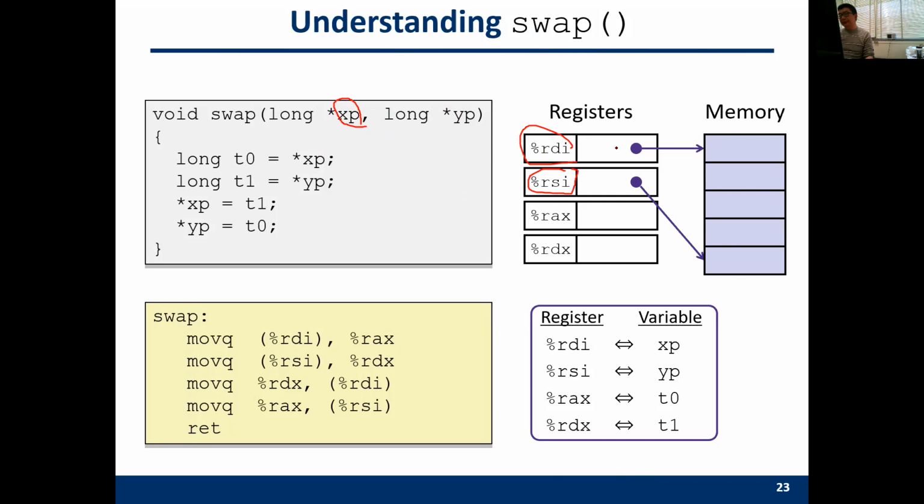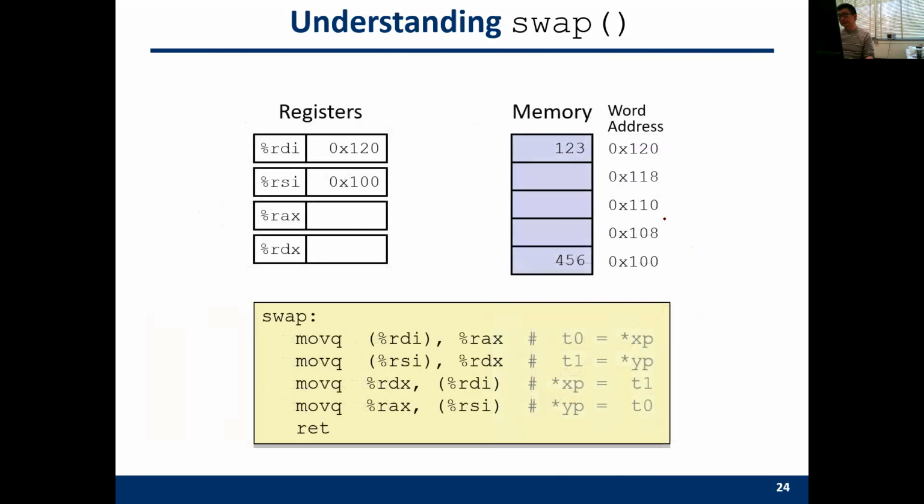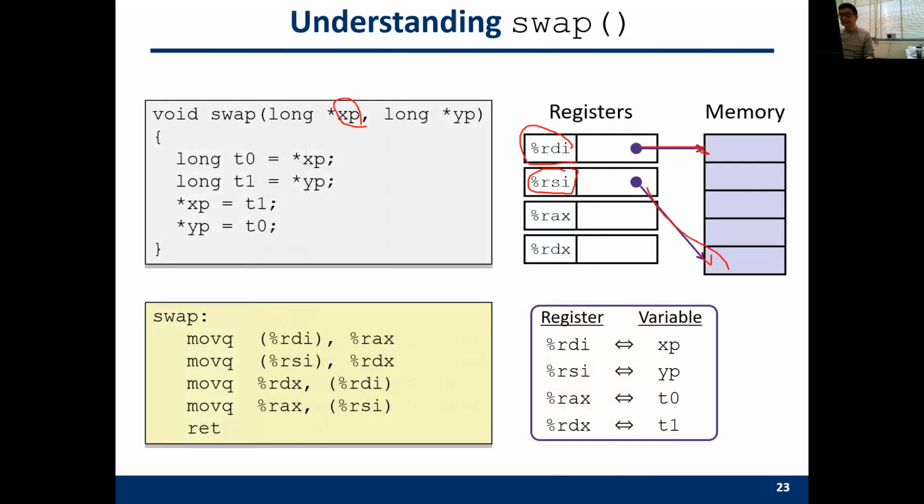So yp and xp are actually two pointers pointing to the memory location. And then we can use two new variables, which are also two registers, to store them, and then exchange them.